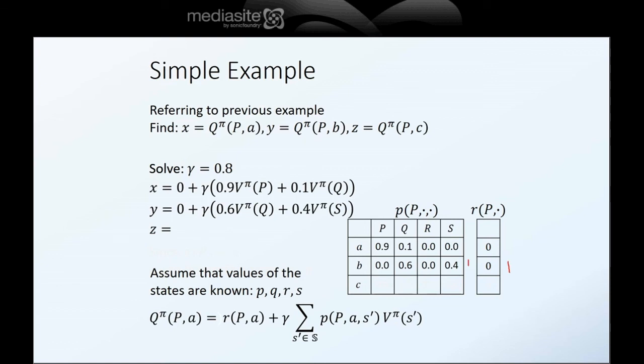And again, using Bellman's equation, the Q value of action B in state P is Y, which is this 0 here plus gamma times 0.6 value of Q plus 0.4 value of S.